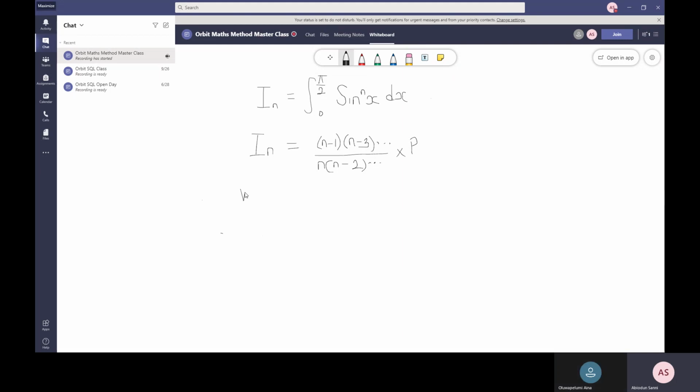Now the value of p is different when n is odd and when n is even. When n is odd, p is equal to 1. And when n is even, p is equal to pi over 2.